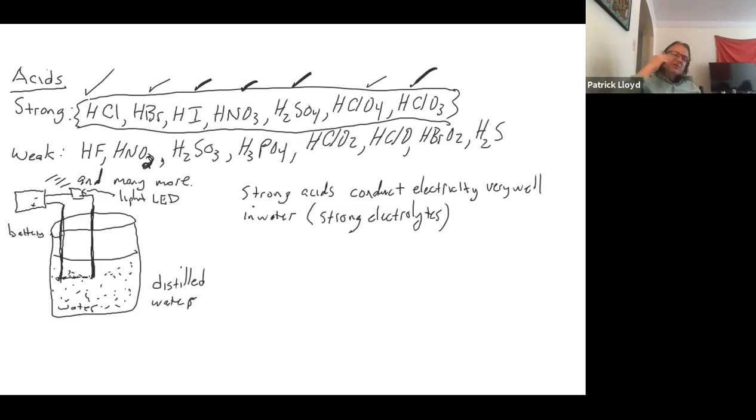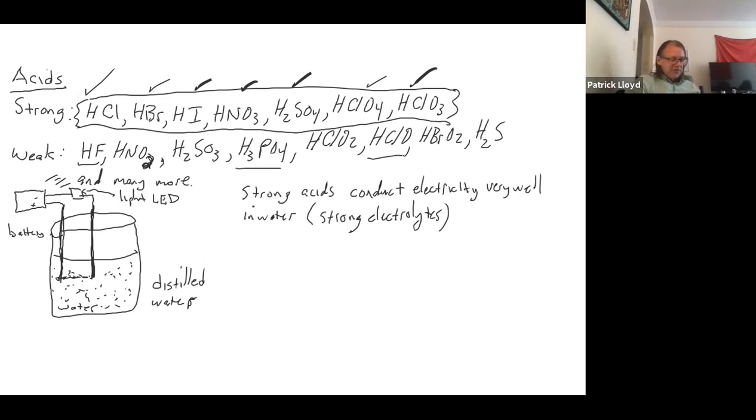If we were to do the same experiment, but put a weak acid in, an example would be HF or H3PO4 or HClO, any of those weak acids. What we would find is that it would conduct electricity, but very weakly. We would see a faint amount of light coming out of the light bulb. So it is conducting electricity a tiny bit, but nowhere near the amount that the strong electrolytes or the strong acids were doing.